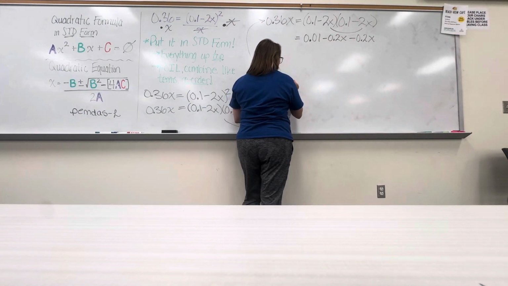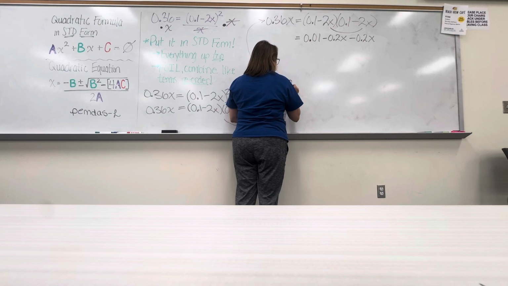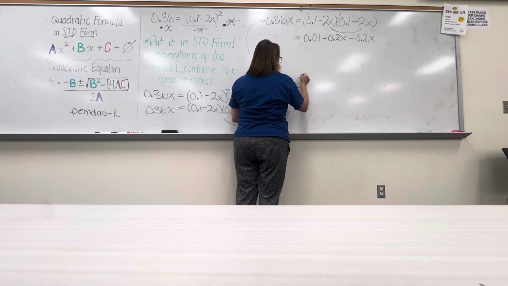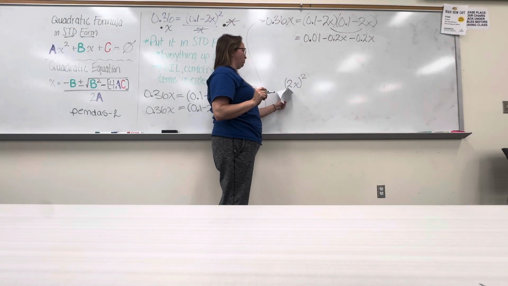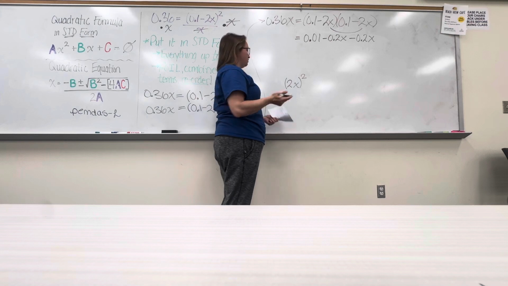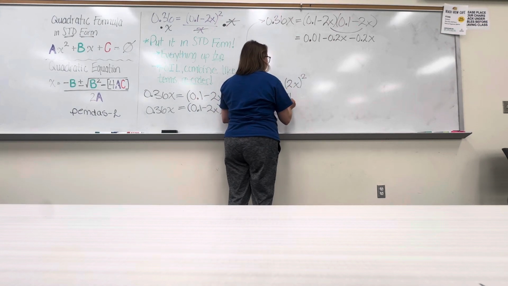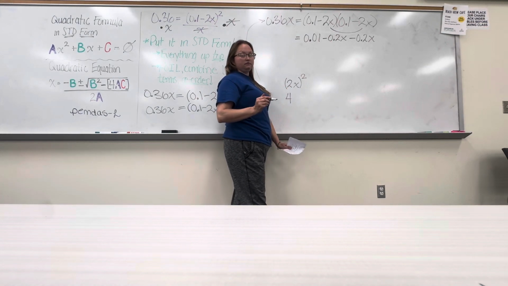If I give you 2x and I ask you to square that, okay, you're going to square your 2 first. So 2 times 2 is 4. Then you're going to square your x.